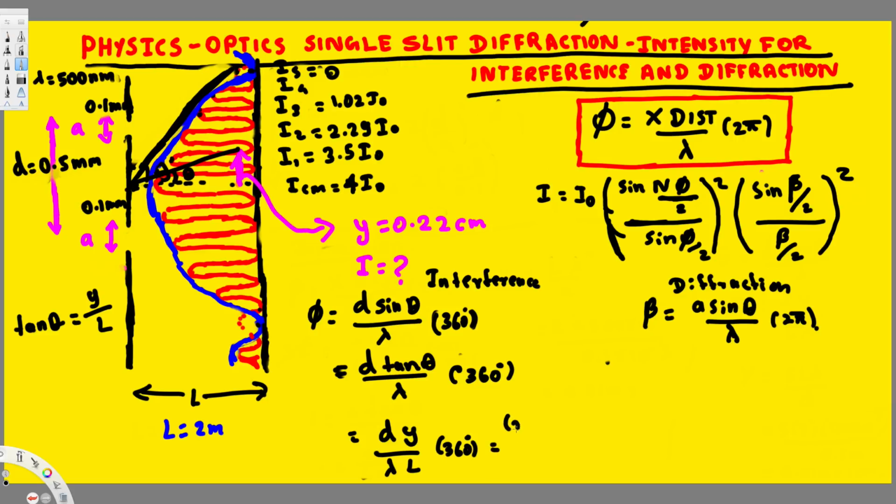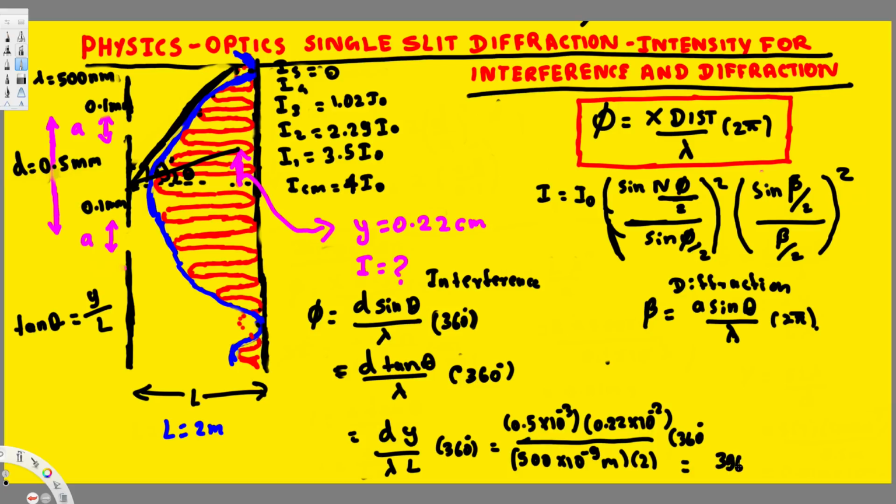So d is, if this is in millimeter, 0.5 times 10 to the power of minus 3, and y is 0.22 centimeter, so this is going to be 0.22 times 10 to the power minus 2 meter, and lambda is 500 nanometer, so this is going to be 500 times 10 to the power of minus 9 meter, and the length is 2 meters, so we just multiply by 2 times 360 degree, and if you solve this one you should get 396 degree.